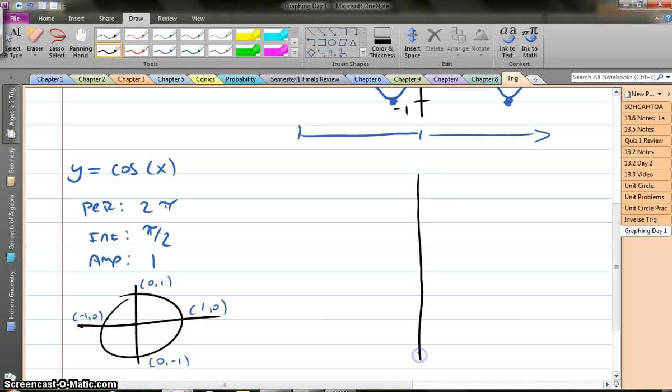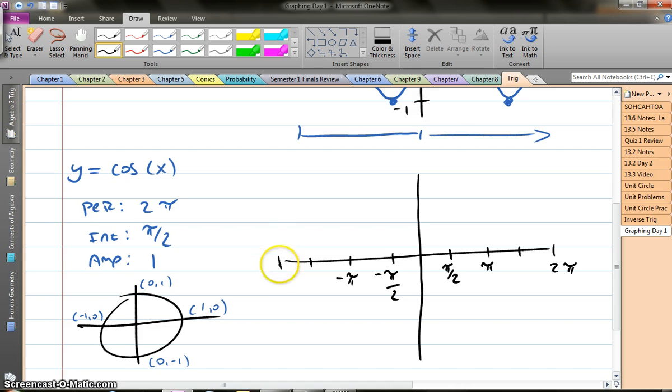My intervals are going to stay the same: pi over 2, 1 pi, 3 pi over 2, and 2 pi. And this is -pi over 2, -pi, -3 pi over 2, and -2 pi, with my highest point being 1 and my lowest point being -1.